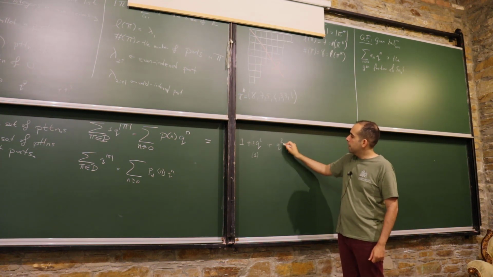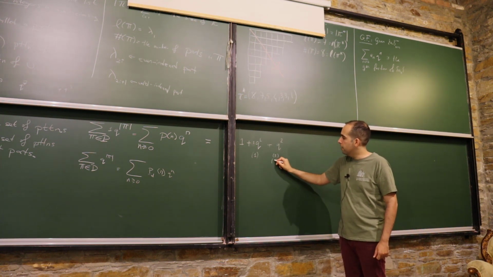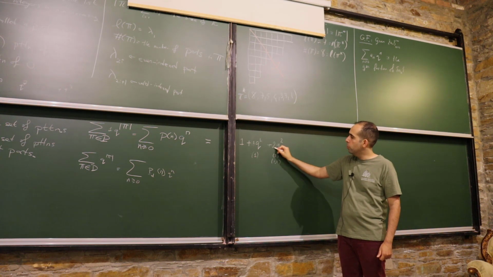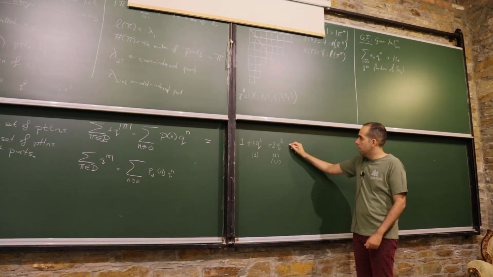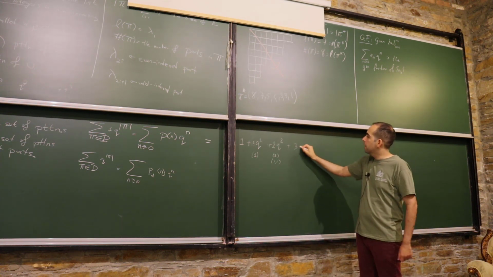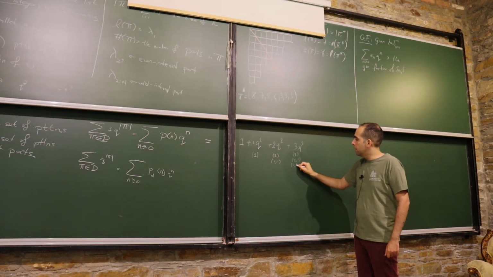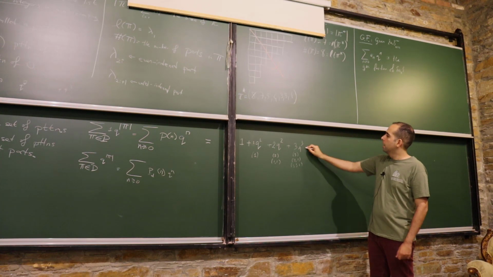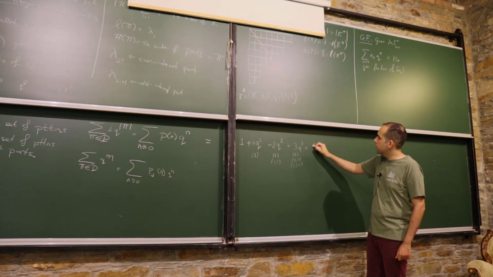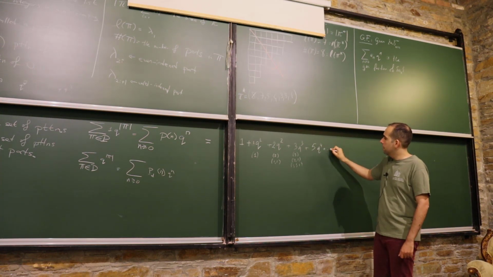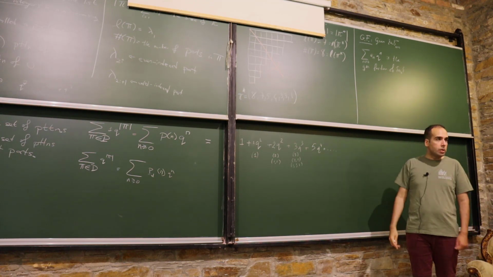There are 2 partitions of 2, which is a 2 and a 1 comma 1. So that's the 2 as the coefficient. So at least it's easy for now. 3 partitions of 3, 2, 1, full ones. Then 5 that Jan listed, I'm not going to list. So on and so forth. Okay, so it's a list.